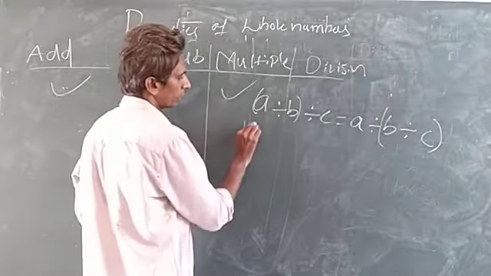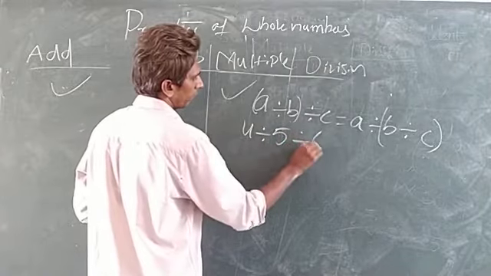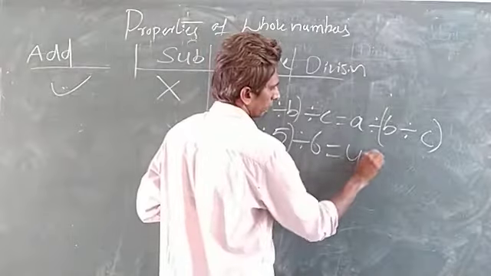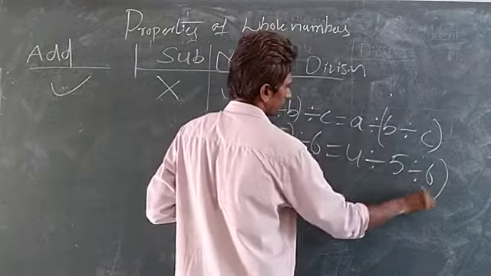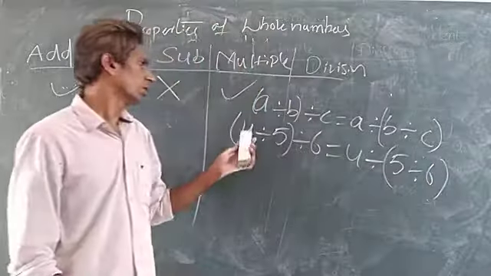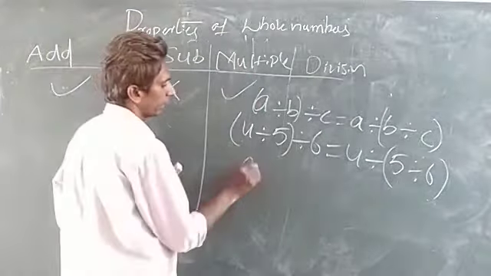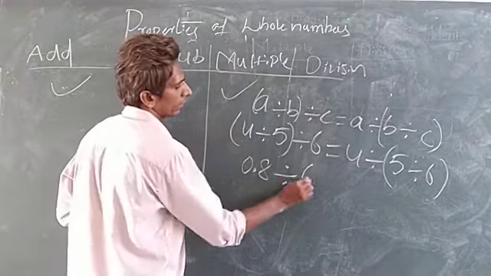So the values are 4 divided by 5 divided by 6, which equals 4 divided by 5 divided by 6. So 4 divided by 5, we already know the value is 0.8. Then 0.8 divided by 6.